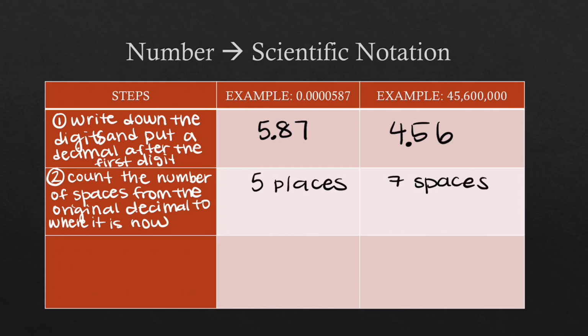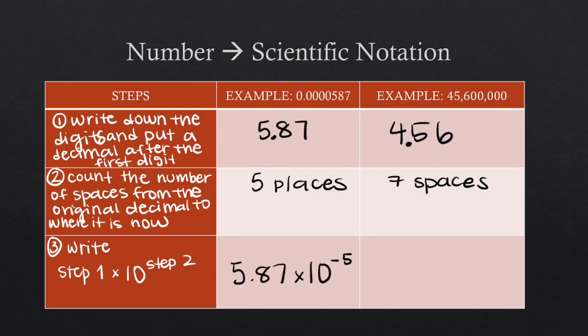Step 3: write step 1 times 10 to the power of step 2. So the first would be 5.87 times 10 to the negative 5th, since it's a decimal. The second one would be 4.56 times 10 to the 7th.